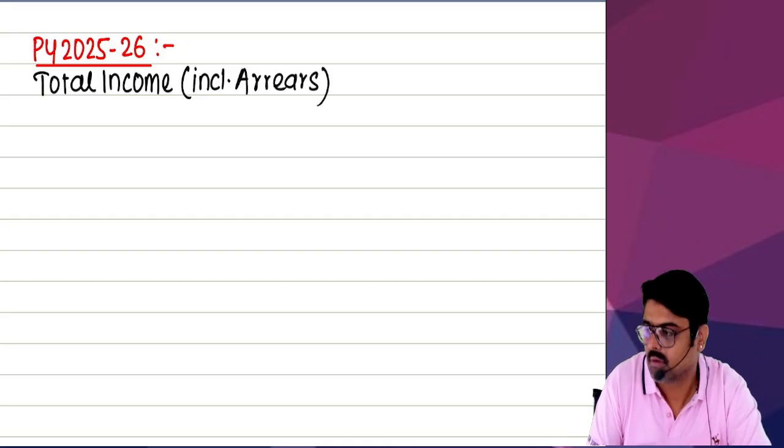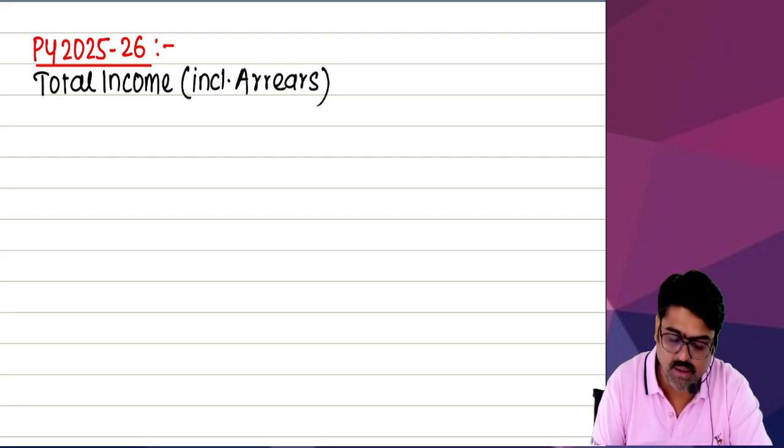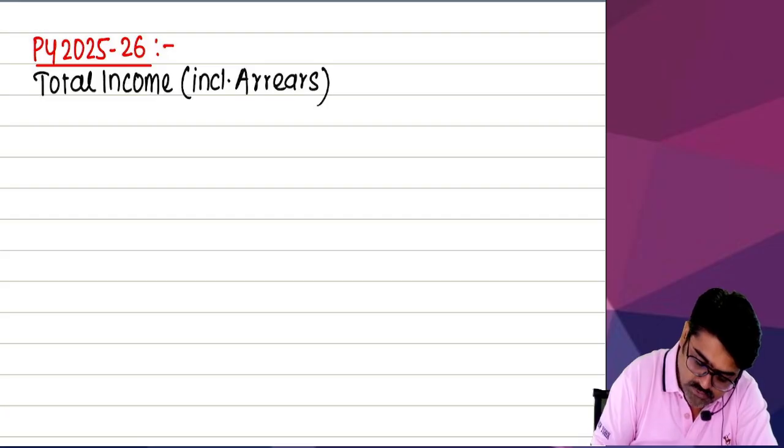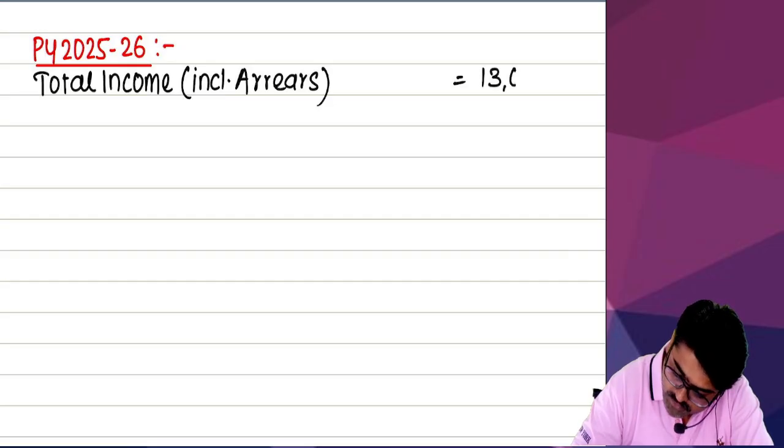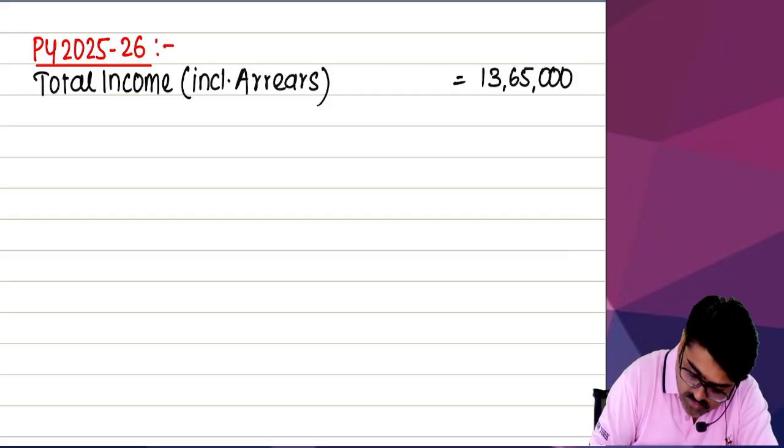Total income was 10 lakh 20 including arrears 3 lakh 45, so that will be 13 lakh 65,000. Everyone getting this? How much tax did you calculate on this?